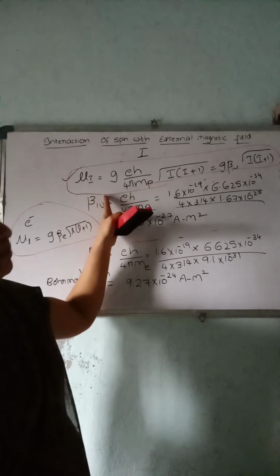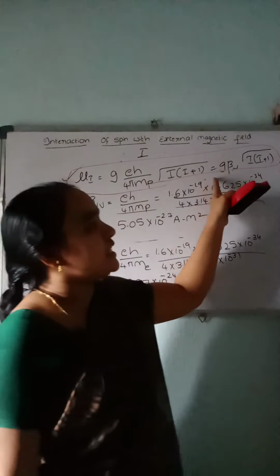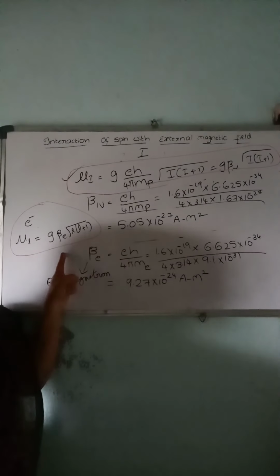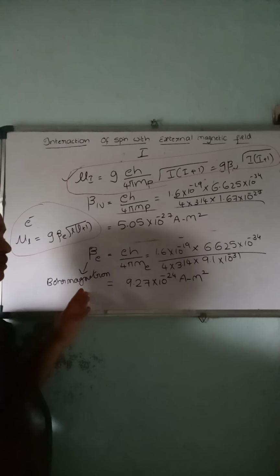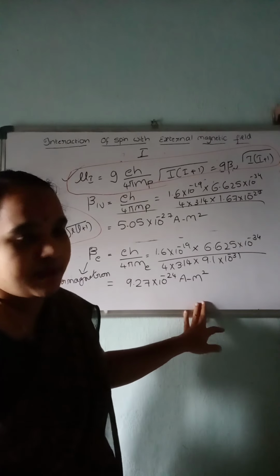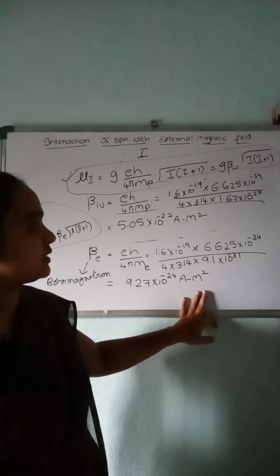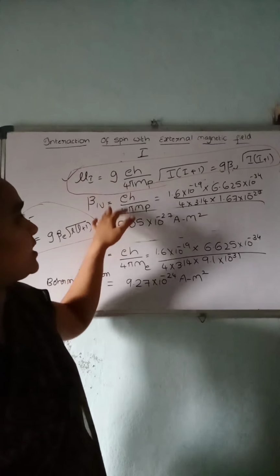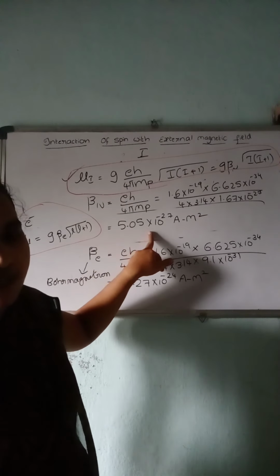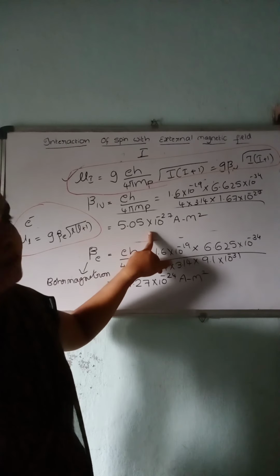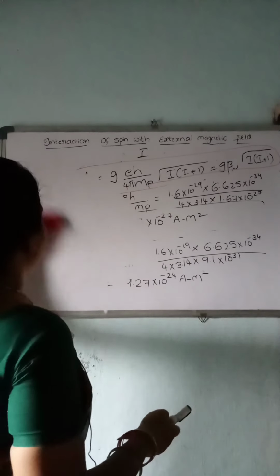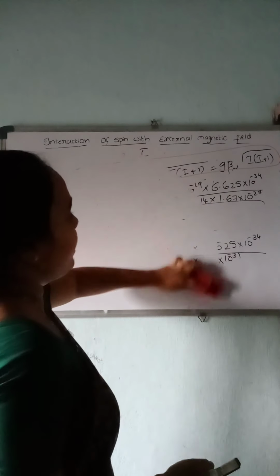The magnetic dipole moment for the nucleon is g beta n root of I into I plus 1, where beta e is the Bohr magneton for the electron, given by 9.27 into 10 power minus 24 ampere meter square, whereas for the nucleon this Bohr magneton is 5.05 into 10 power minus 27 ampere meter square.